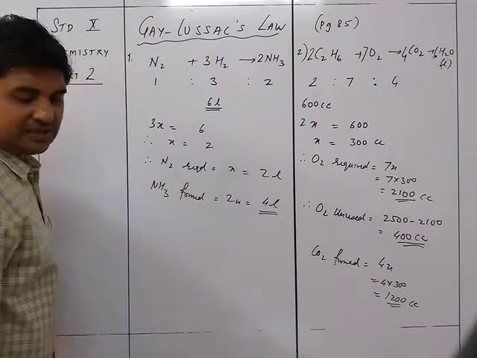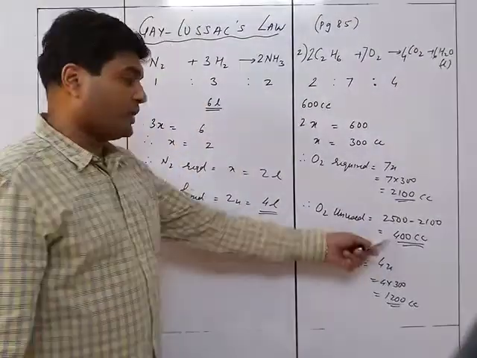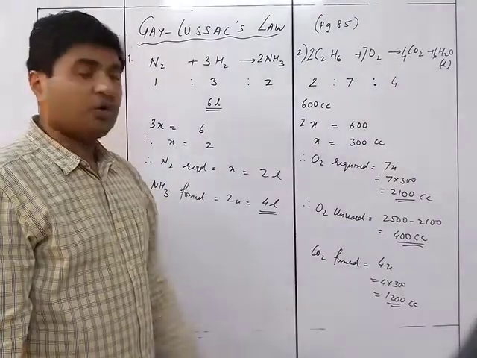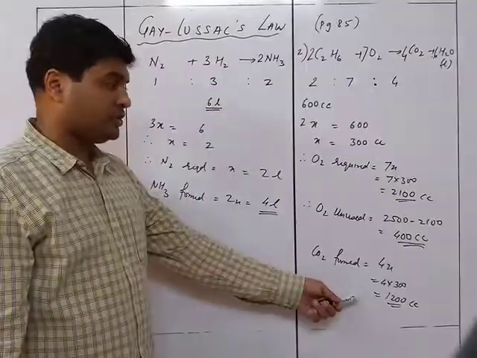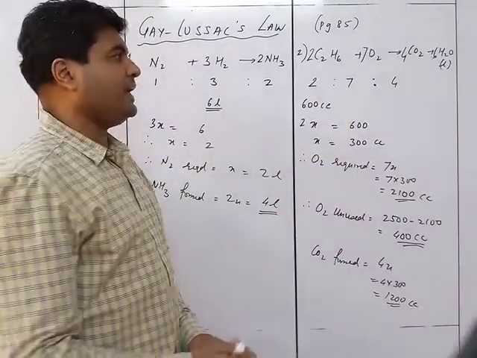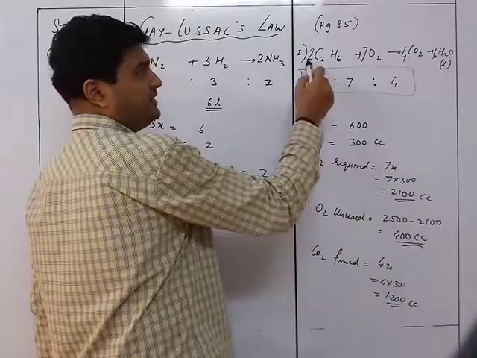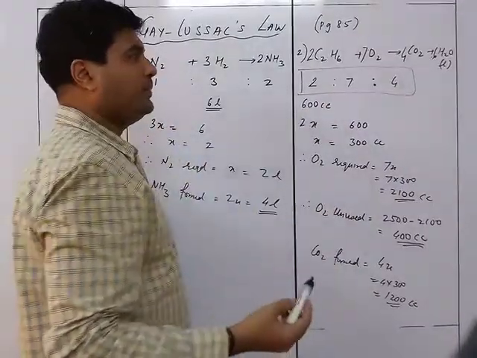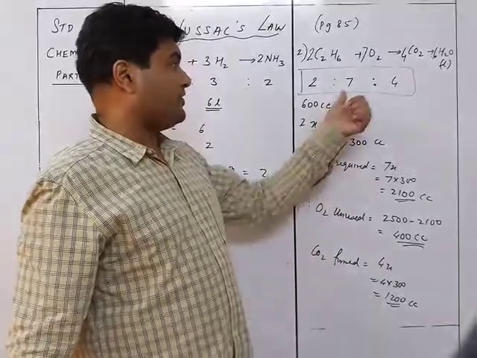So that's the answer: the O2 which will be unused is 400 cc and the CO2 which will be formed is 1200 cc. You can see the whole thing was based on this balancing. The balancing to 2:7:4 made all the difference. Now of course I cannot take 7x as equal to 2500.